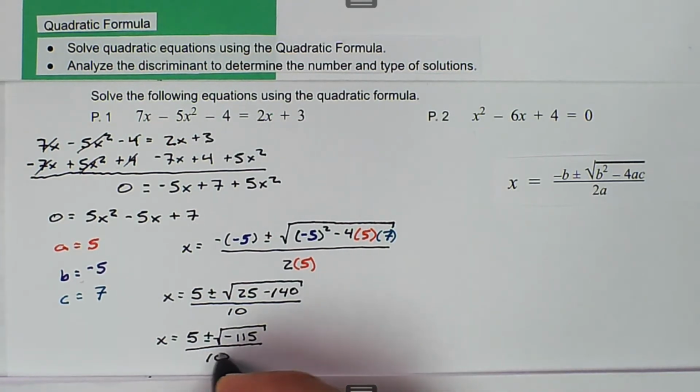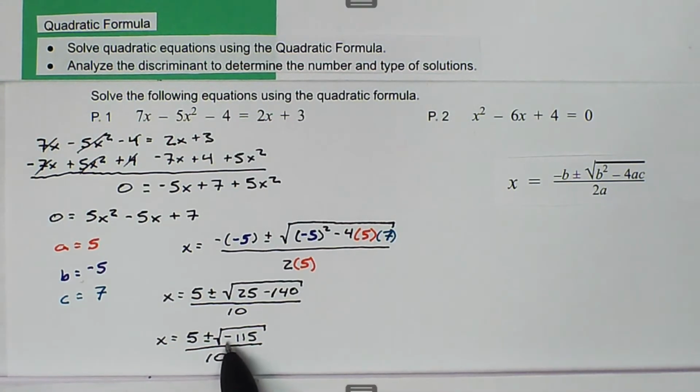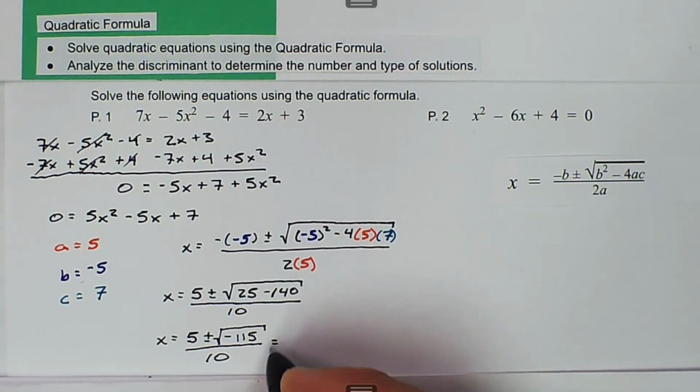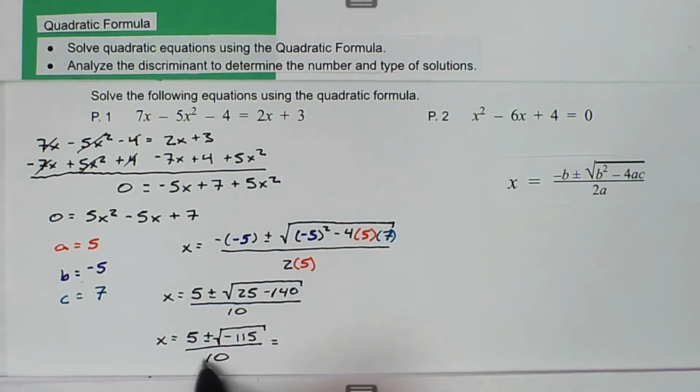All over 10. And now we know that we have a negative under the radical as the discriminant. And at this point, we know that we're going to have an imaginary answer. So I can write this down as, I can split the 10, so I can distribute the 10 to both terms, the lead term here, which is 5.